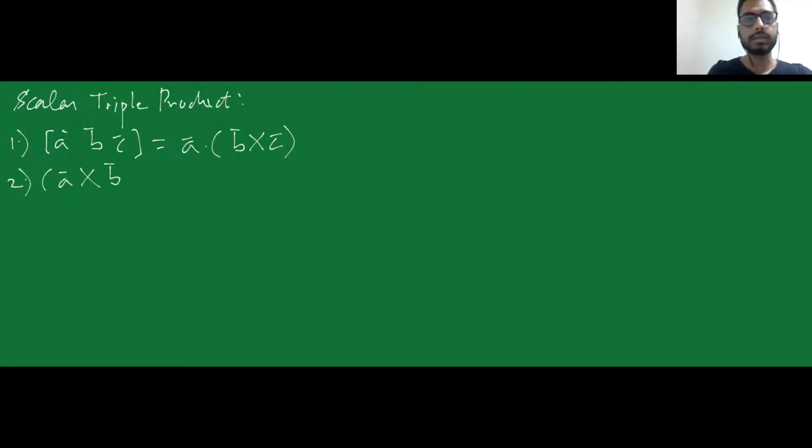So what does that mean? So I can say that A cross B dot C is also equal to A dot B cross C.